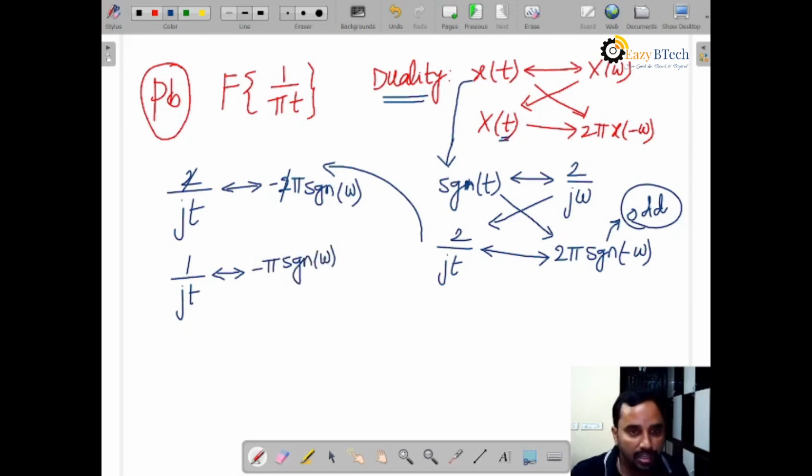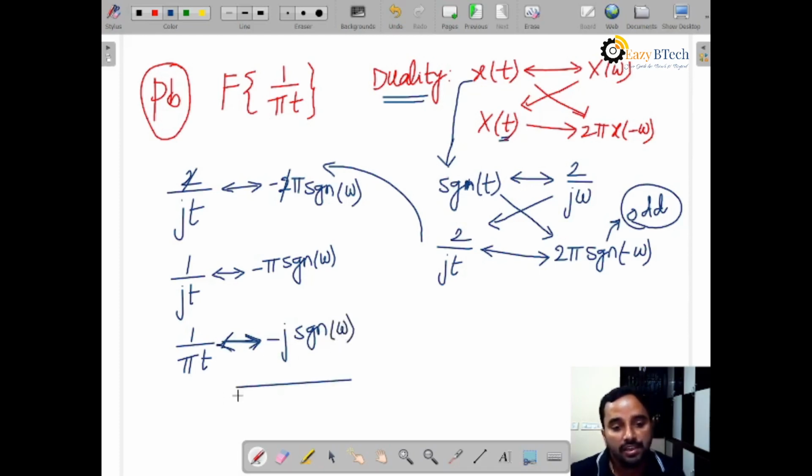We want the Fourier transform of 1 by pi t, so bring this pi to the left side and send that j to the right side. So 1 by pi t Fourier transform becomes minus j signum omega. So this is the answer: very, very simple. The 1 by pi t Fourier transform is minus j signum omega.